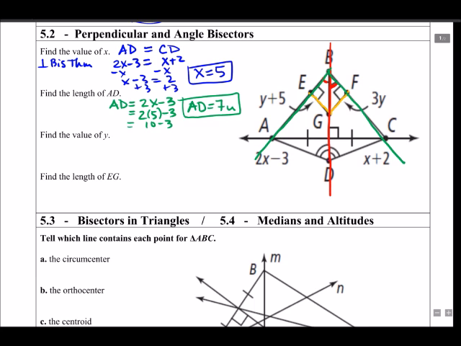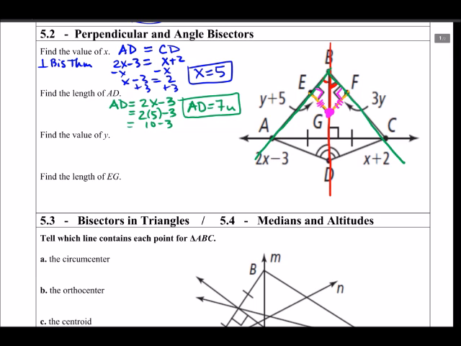And we know that any point that is on that angle bisector is equidistant from the sides of the angle, and that's what these right angles are telling us, that we can say that these two segments are the same length.